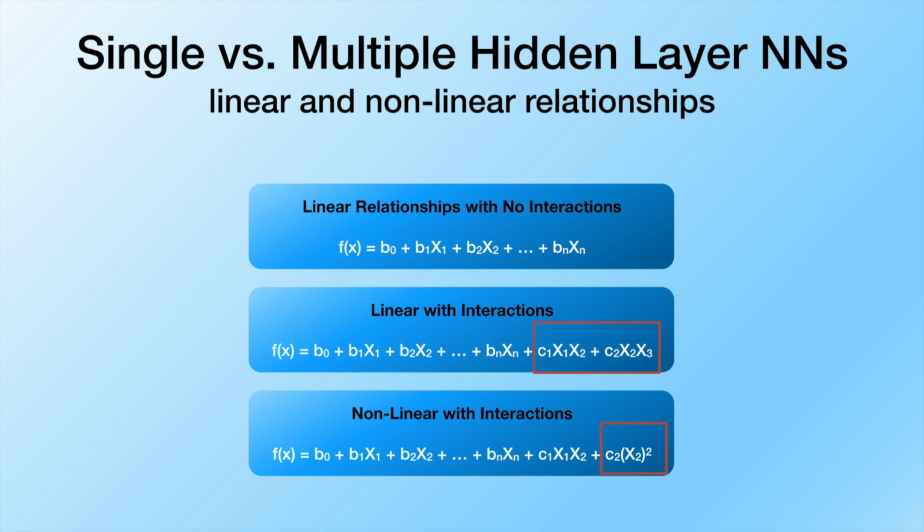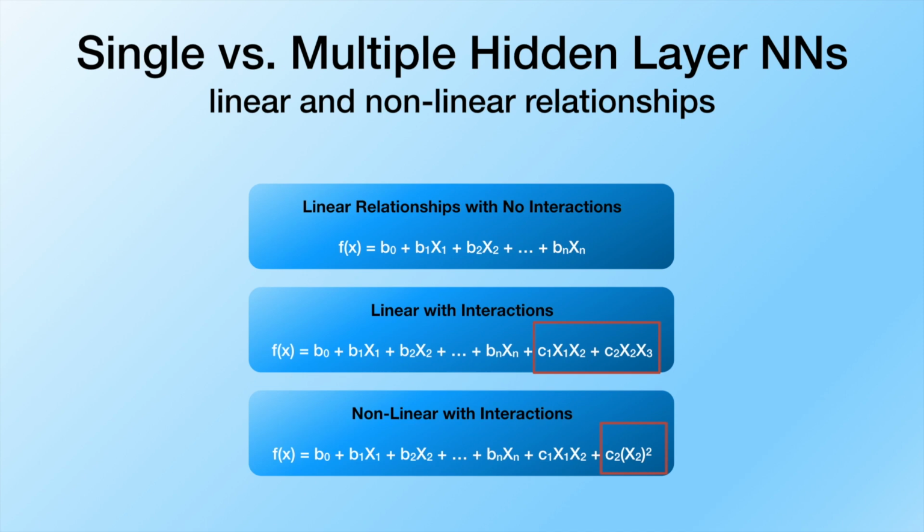So I just mentioned 2 different terms. I said interactions as well as polynomial. So let's take a look at what I meant by interactions first of all. If you look on the first cell, linear relationships with no interactions, you can see a really basic equation. So we have this linear equation which is b0, so think of it like an intercept, and then plus the x1, x2, etc., all the way to xn terms, where all of these b values are just coefficients of x.